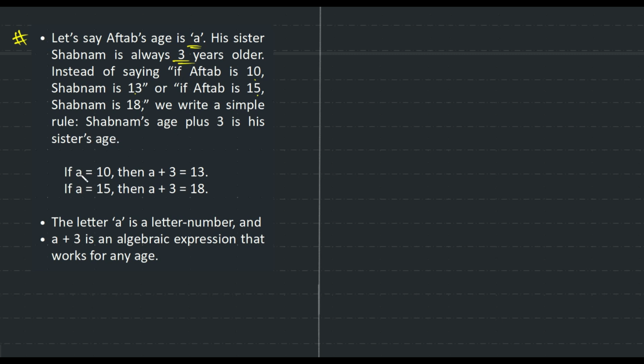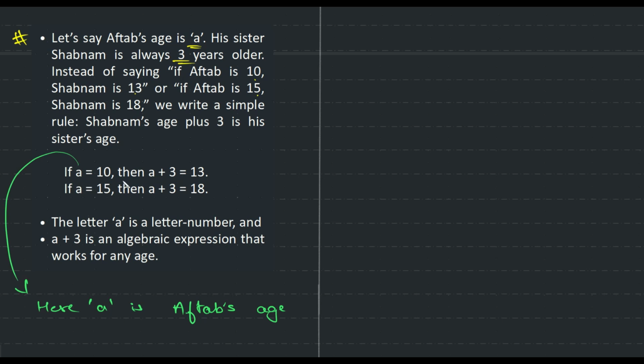Okay. So if A is 10, here we are using A as the letter number. That is Aftab's age. So I didn't mention that here. A is Aftab's age. So that we have to keep in mind.